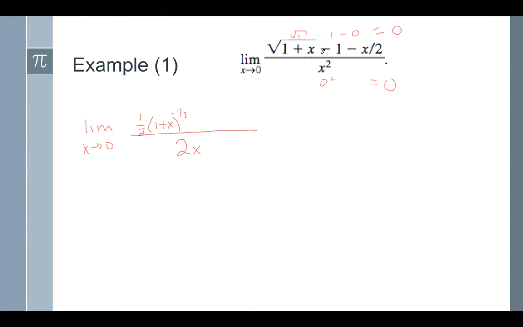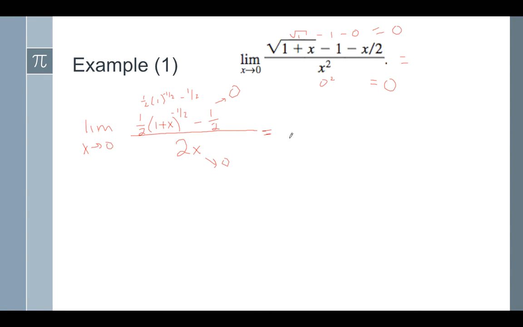The derivative of negative 1 is 0, and the derivative of negative x over 2 is negative 1/2. Well, then I look at this again. Can I do direct substitution? Direct substitution is going to say this is 1/2 times 1 to the negative 1/2 minus 1/2. Dang, that's going to be 0 again, and it's going to be 0 again down here.